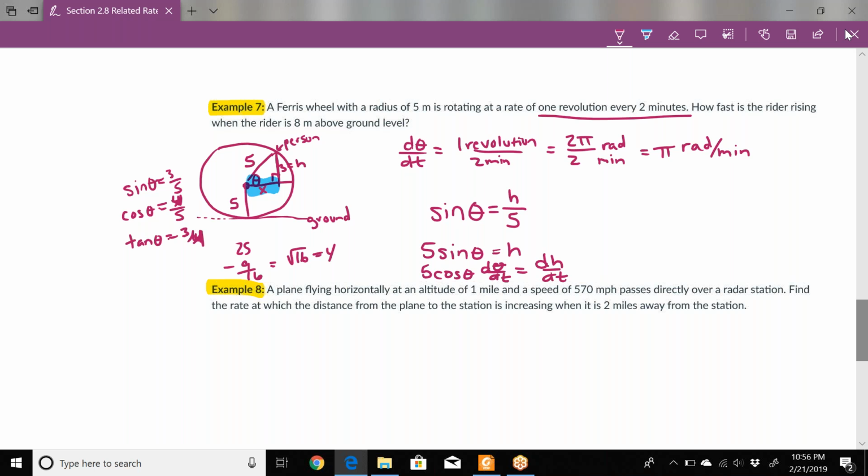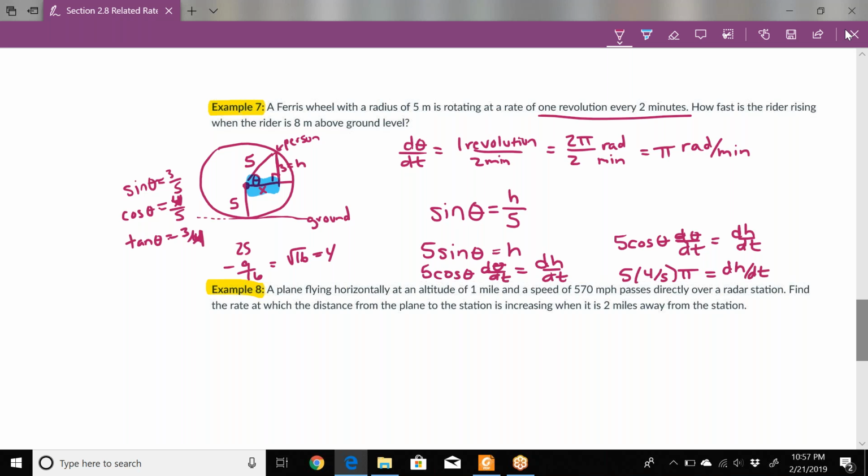And if we plug in everything we know, we know that 5 cosine theta, which we already found is 4/5, times d theta dt, is equal to dh dt. That gives me 5 times 4/5, and remember d theta dt was pi, equals dh dt.